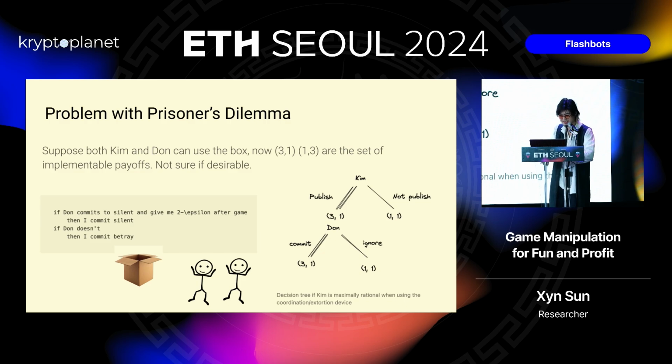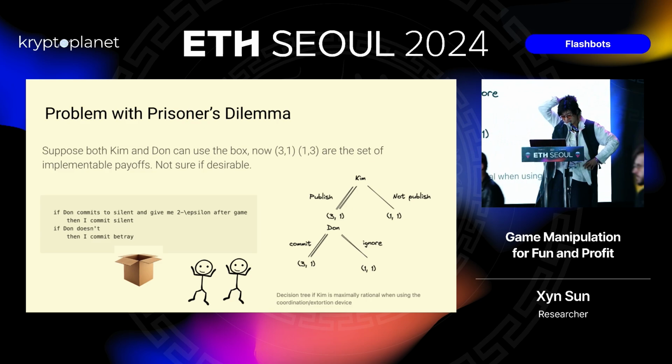Great. Now suppose that in real blockchain systems, an even more interesting phenomenon could arise, right? Now suppose both Kim and Don can use the box, because this mimics a permissionless system in which there's only a single block proposer or block builder responsible for constructing the contents or contracts that get finalized on the chain.